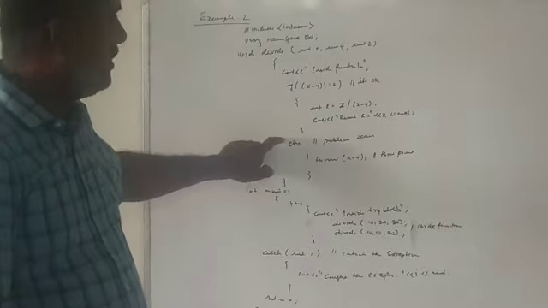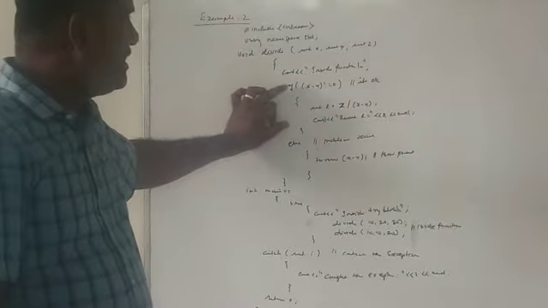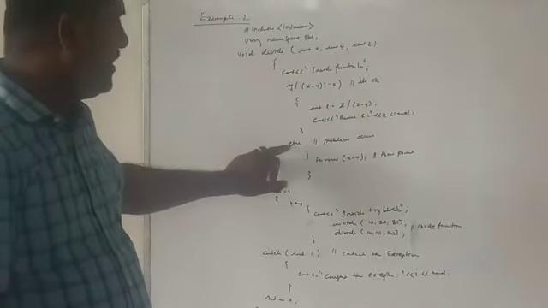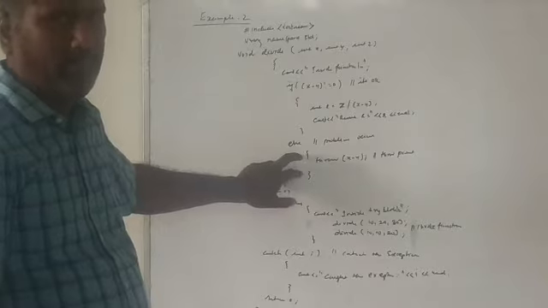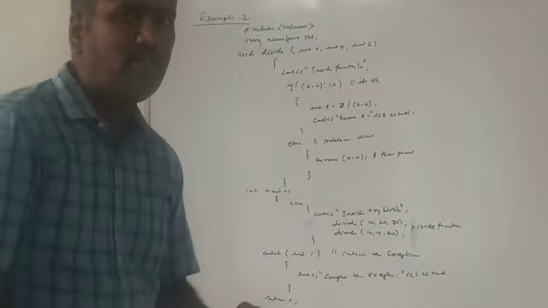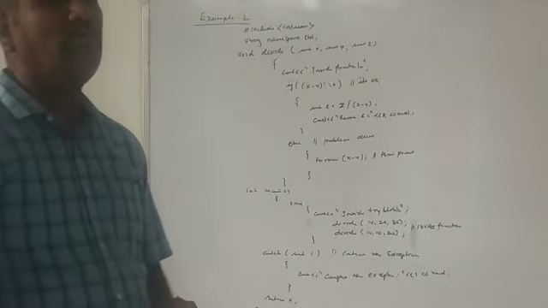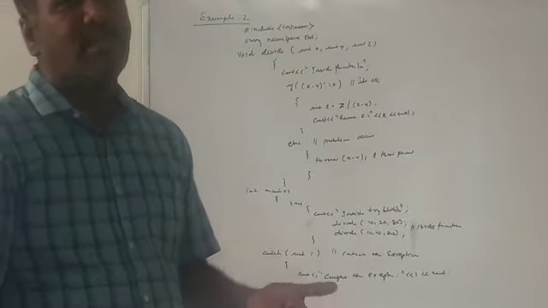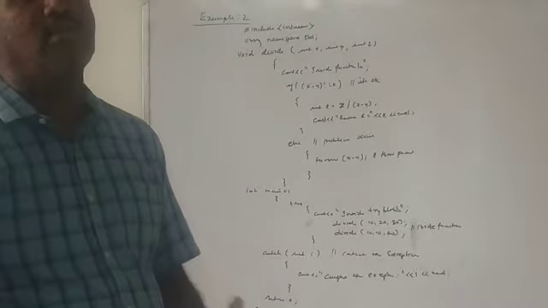In the else part we throw the x minus y value. Since x and y are integers, x minus y is also an integer.